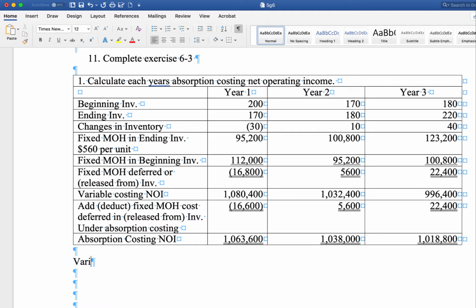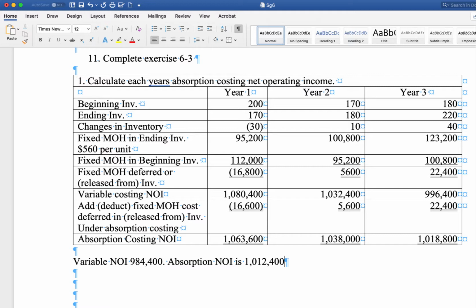Variable NOI is 984,400, and absorption costing NOI is $1,012,400.